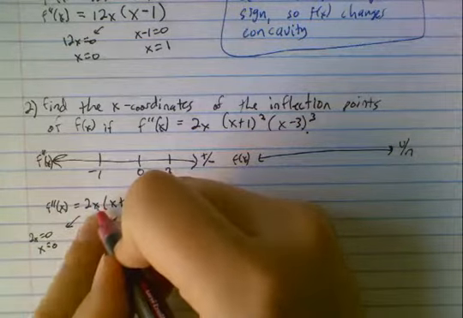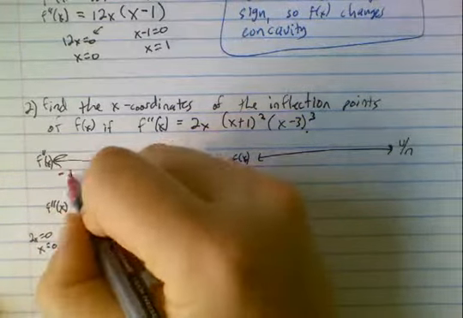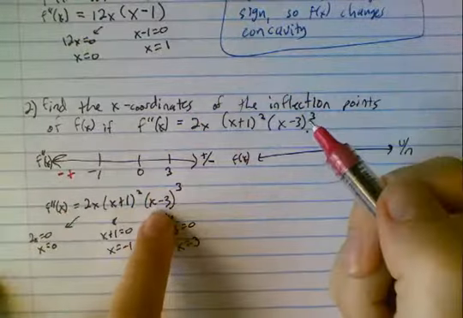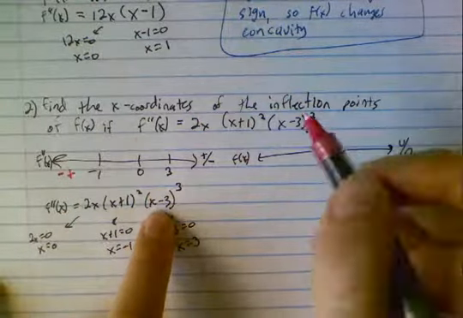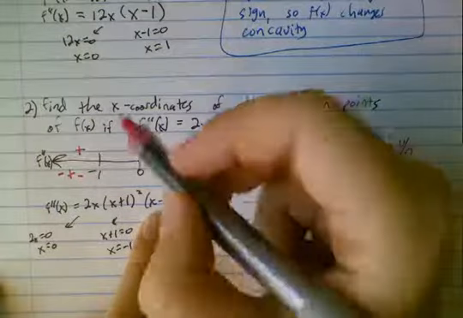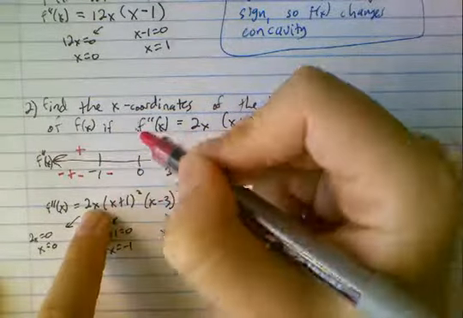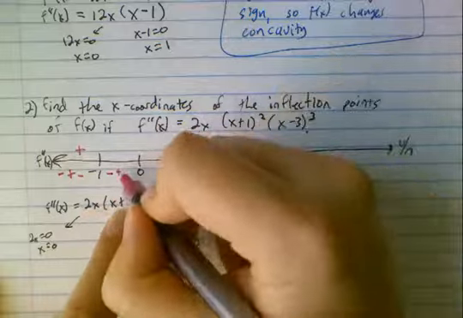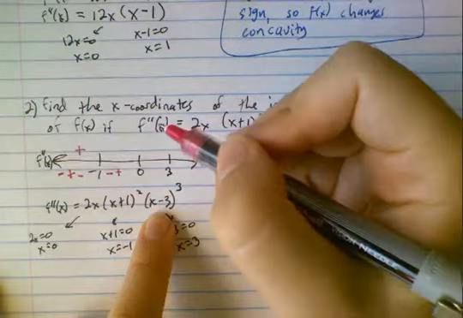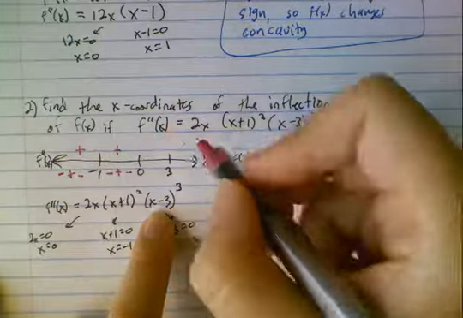So 2x times a negative number is going to give us a negative. Anything squared is positive. Negative 2 minus 3 cubed is a negative. So that's positive overall. Between 0 and negative 1, like negative 0.5, times 2 would be negative. Anything squared is positive. Negative 0.5 minus 3 cubed is a negative.